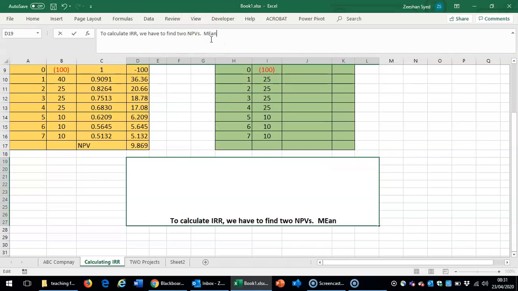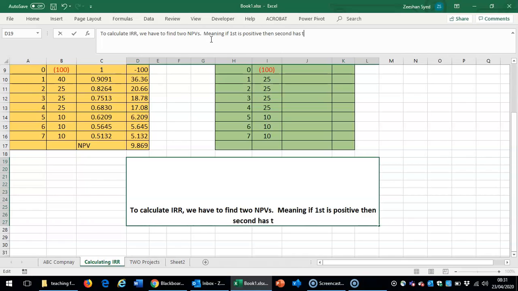Meaning if the first is positive, then the second has to be negative.